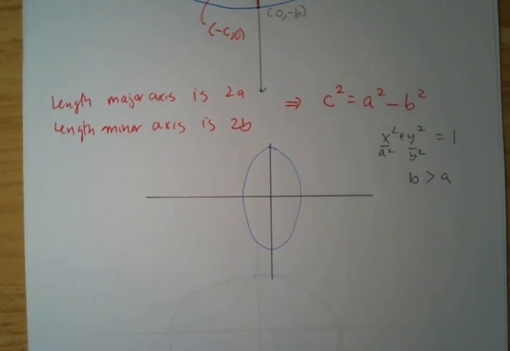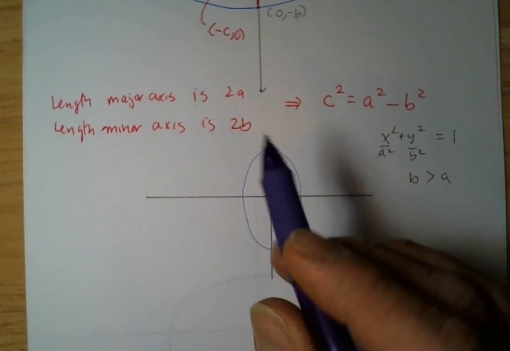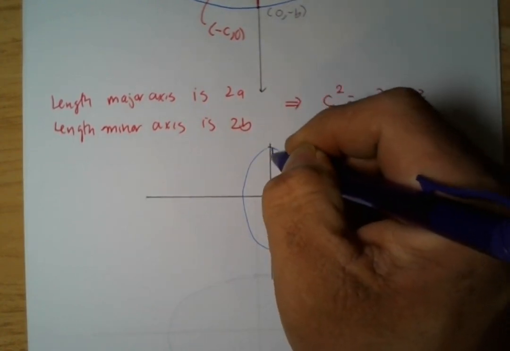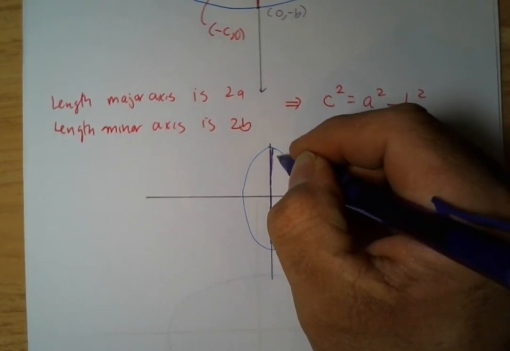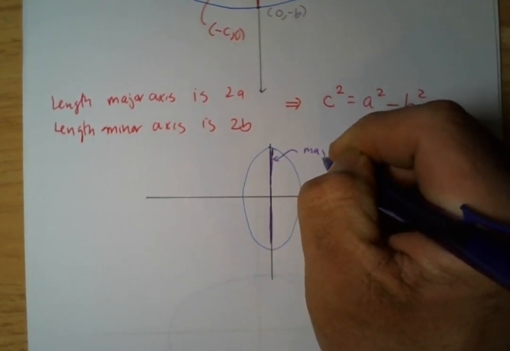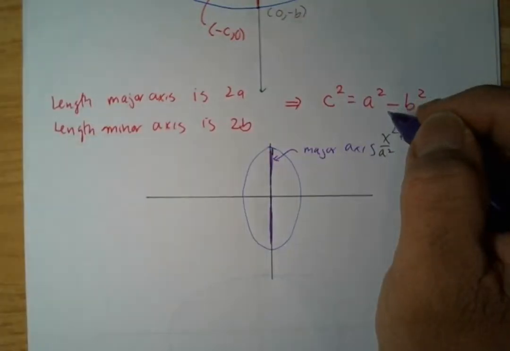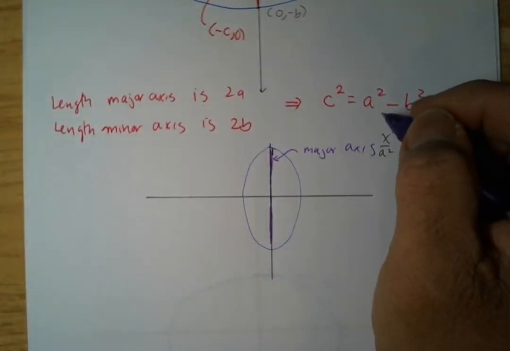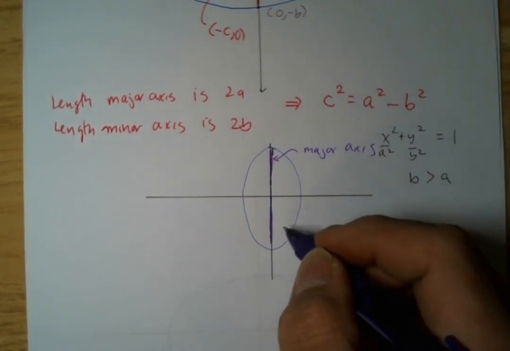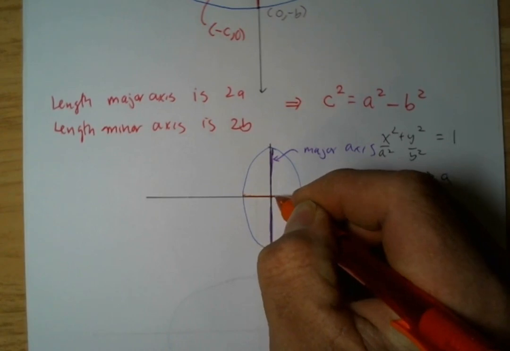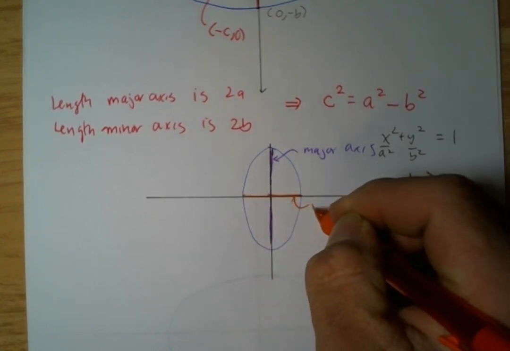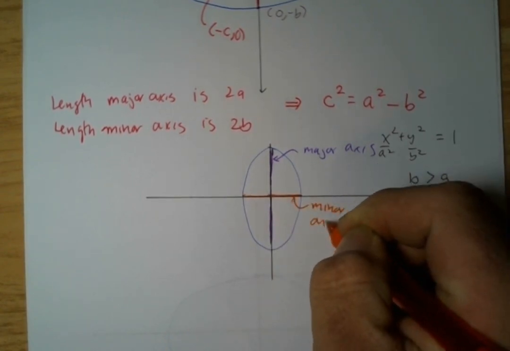So now instead of this being the minor axis as in our previous example, this here now becomes our major axis. Okay. And now this one here becomes our minor axis.